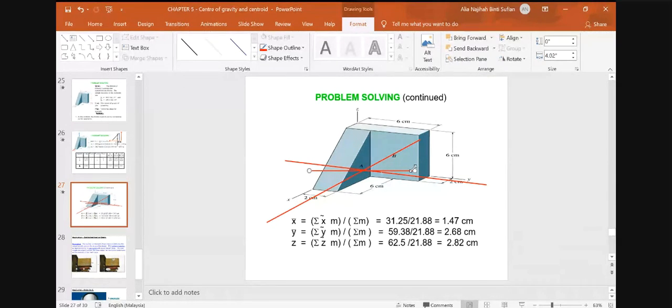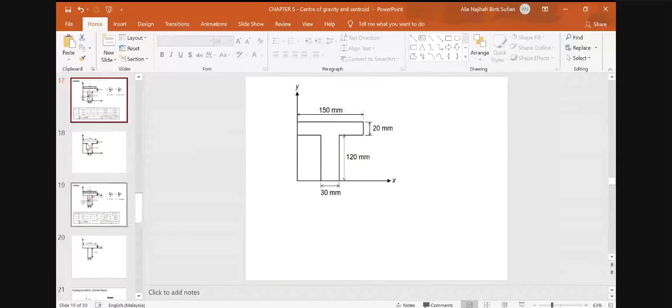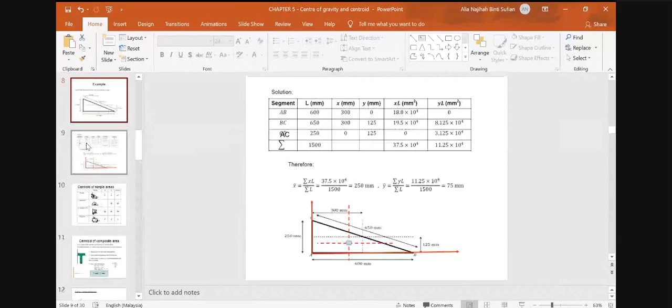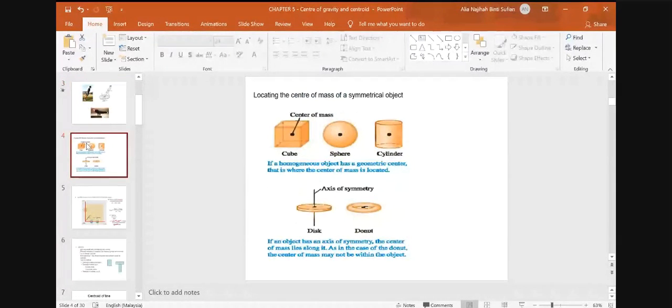Prof, can I see back the example of center of mass? Which slide? In front, I think it's page 5 or 4. This one. Okay. The next one. Fifth one. Okay.